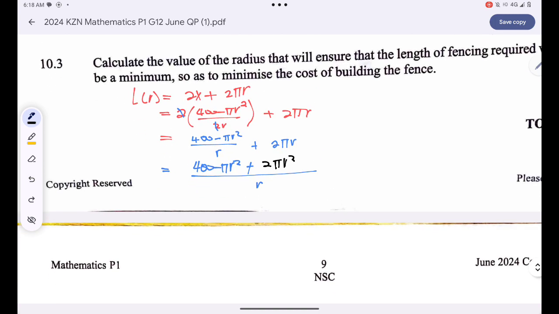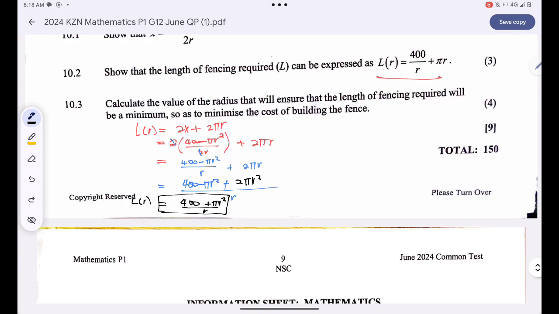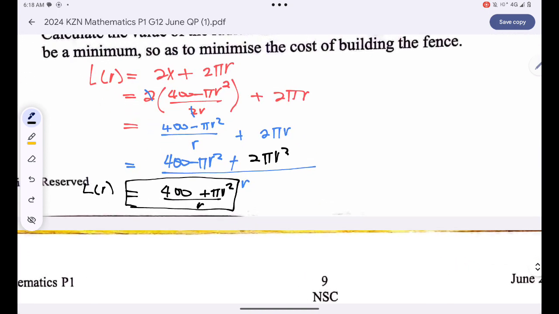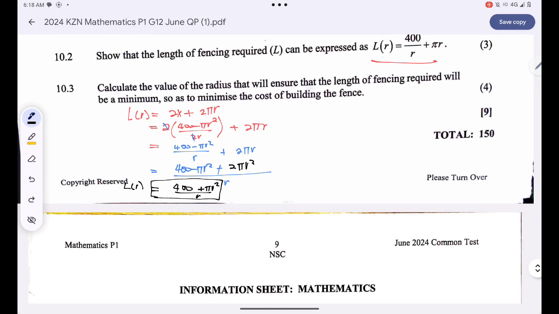Right? And then this will end up giving me 400 minus pi r squared plus 2 pi r squared, which will just give me a positive pi r squared, all over r. So I now know that the length is basically equal to that. You can divide both terms by r, guys.